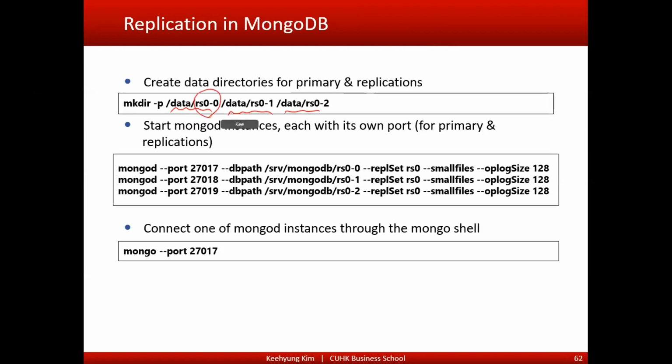So this is rs0, rs0-1, rs0-2. This one will be the primary. These two will be used as secondaries. So I'm simply making a space to store data first. Currently I'm making 3 directories because I'm testing it on one server. But if you have multiple servers, on each server you will have a different directory.